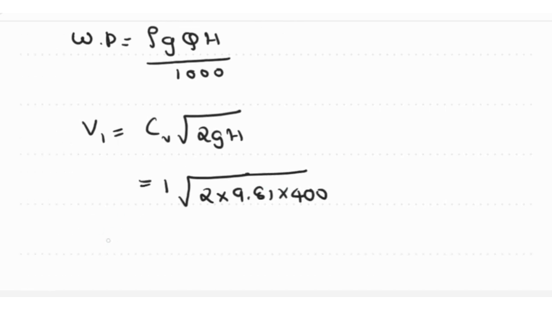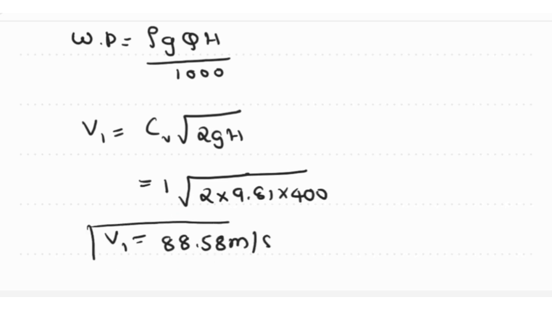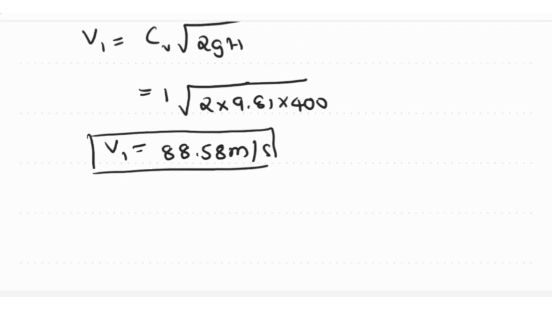So we'll get v1 is equal to 88.58 meter per second. Now velocity is known, number of jets is known, and diameter of jet is also known.